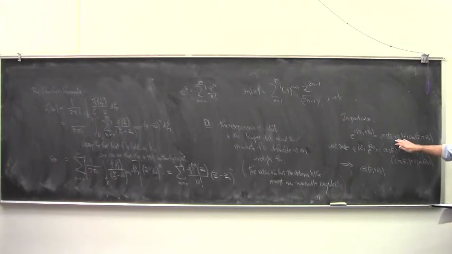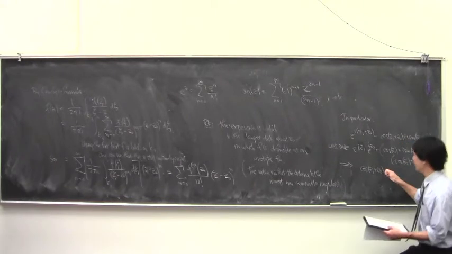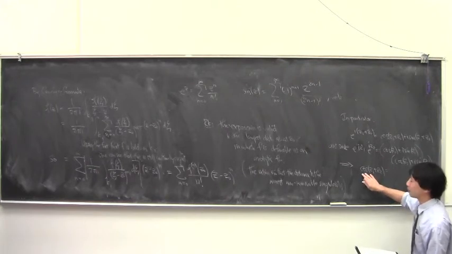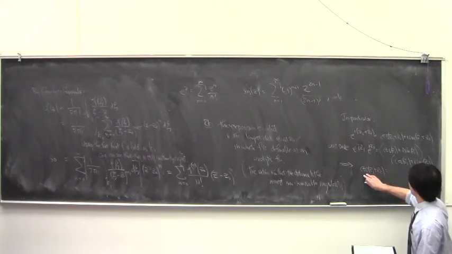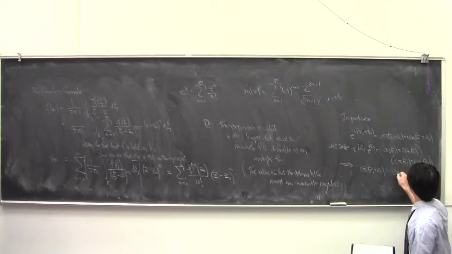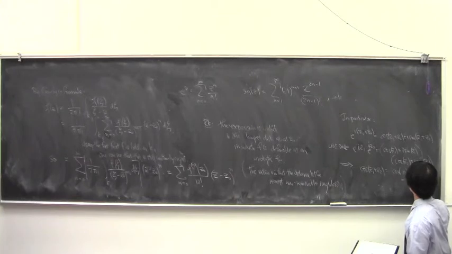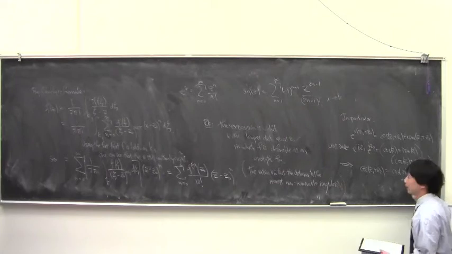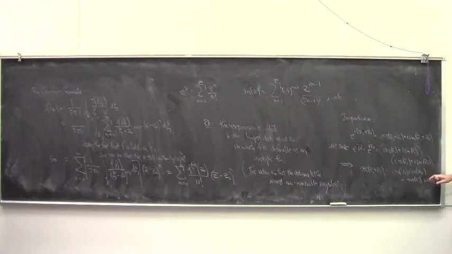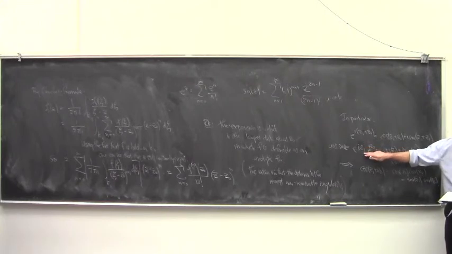If you equate the real part with the real part, what does that tell you? That tells you for the complex cosine function, cosine of z1 plus z2 is cosine z1 cosine z2 minus sine z1 sine z2. In other words, the addition formula from trigonometry is actually a consequence of the properties of exponents.